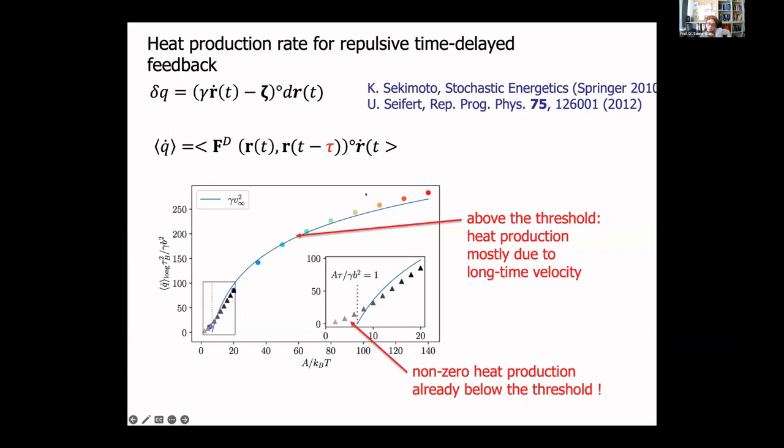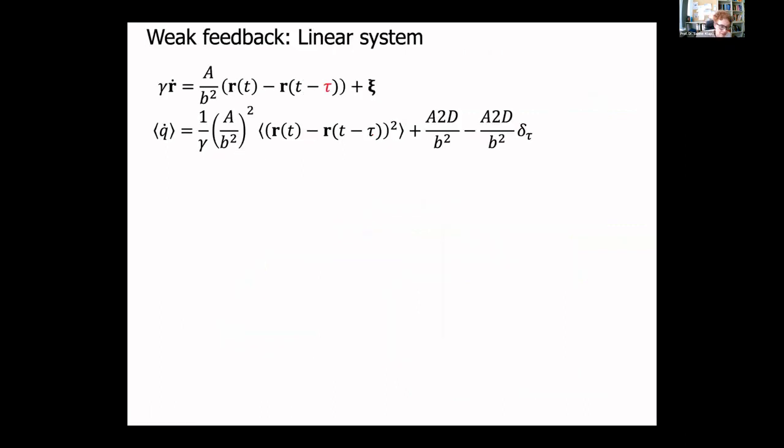So that means above this threshold, we can essentially look at this particle as a particle going with a constant velocity, or driven by a constant force. That's maybe not so surprising. As I said, the more difficult regime is this one here. So can you somehow understand what's going on for weak feedback? The first idea one would have is, okay, try to linearize the system.